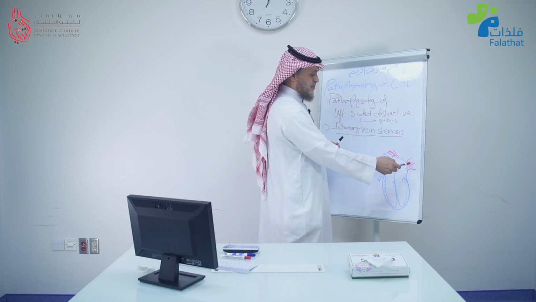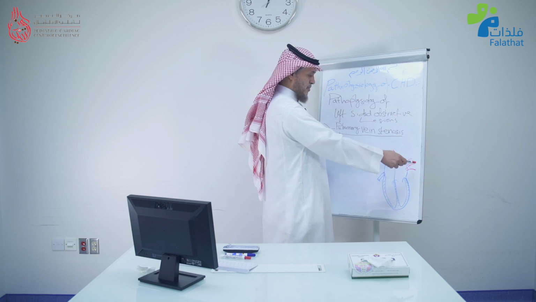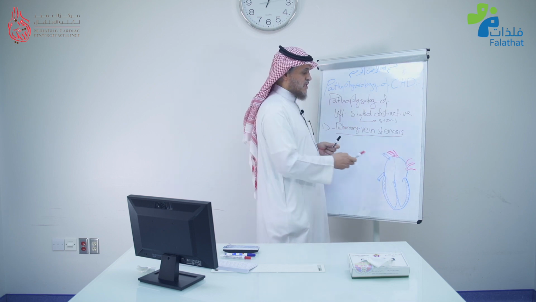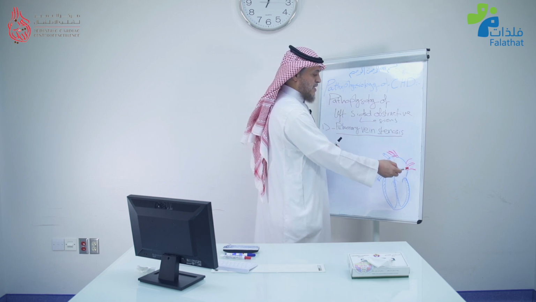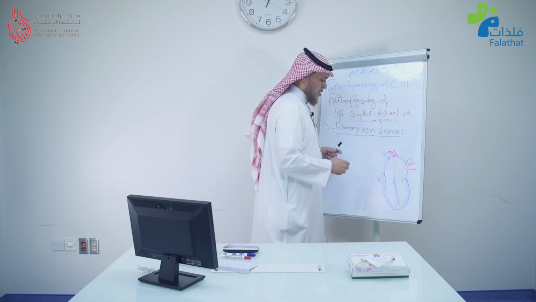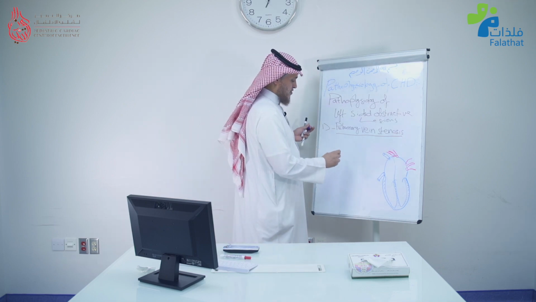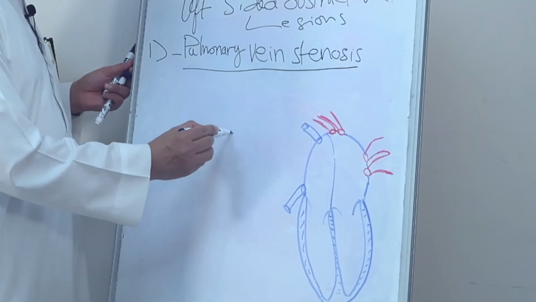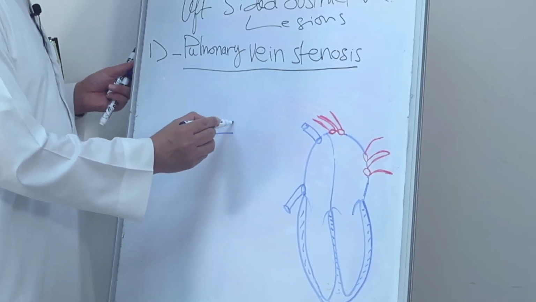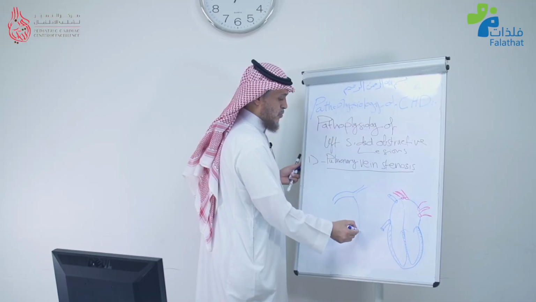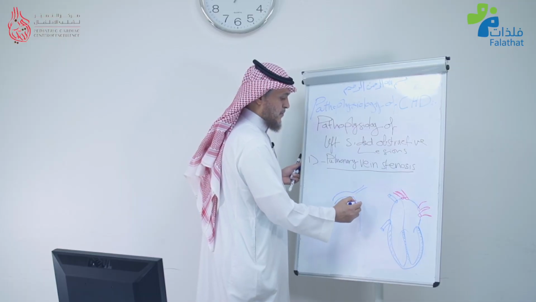Let's say this is the left lower vein, which is actually commonly involved, being a single vein stenosis. If this vein has a stenosis, then the left lower lobe of the lung... this is the left pulmonary artery, this is the upper lobe artery, and this is the lower lobe artery.